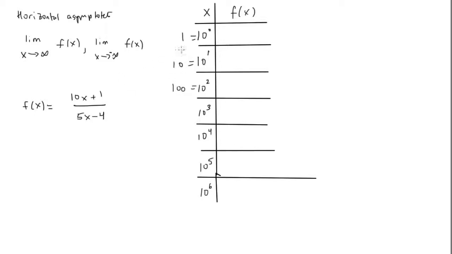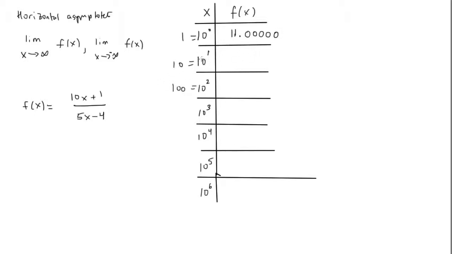Okay, so if I plug all these numbers in, what do I get? If I plug in 10 to the 0, this one we can compute really easily because that's just 1, so I get 11 on top, and 5 minus 4 is 1 on the bottom, so I get 11 on the nose, but I'll go ahead and put all 5 decimal places there.